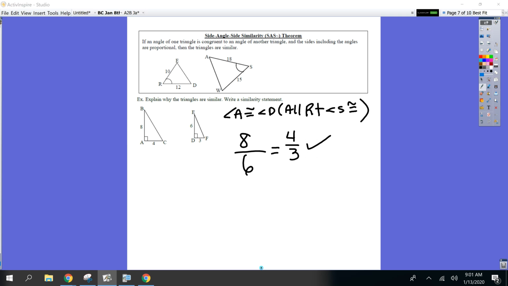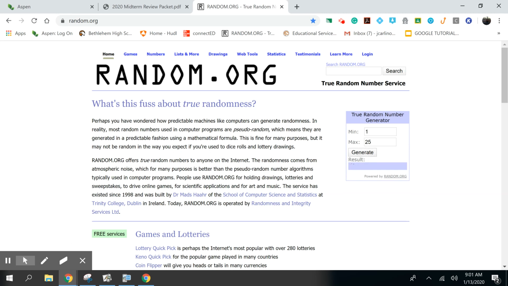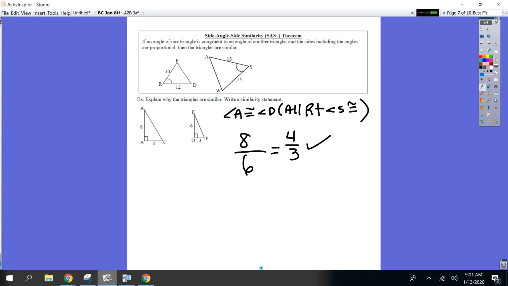So now give me a good statement right now. 9. Triangle. Anybody put the congruent sign? What? Okay, change it. Okay, ready? By what method?